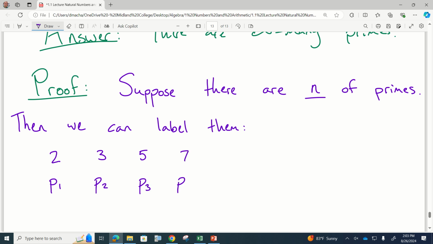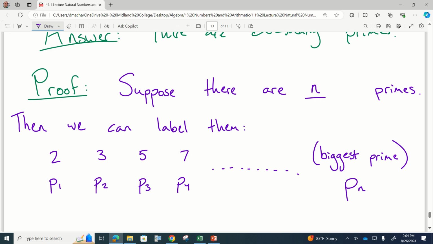The number 7 would be my fourth prime. And labeling these primes, we would eventually get to the biggest prime. And since there are n, that's my big number, primes, I would label this one Pn. The nth prime is the biggest prime. Okay?